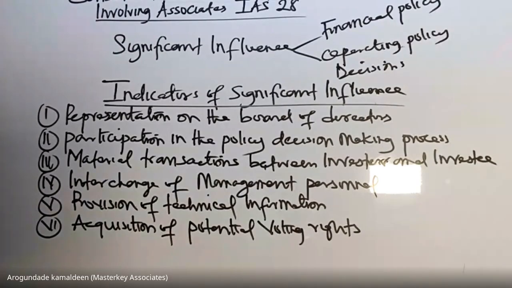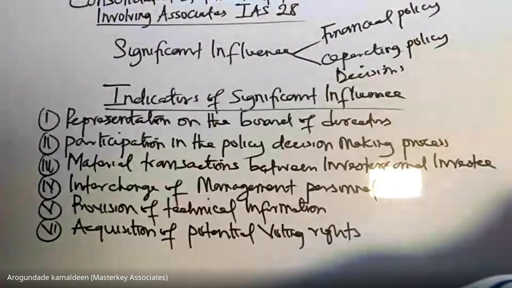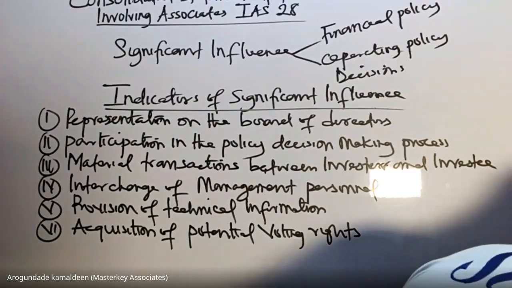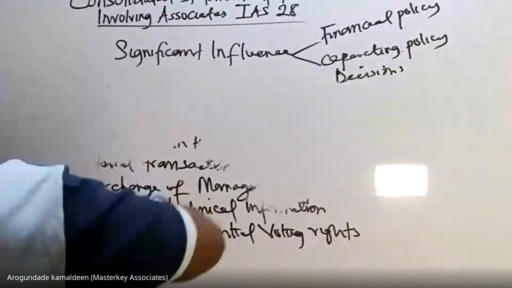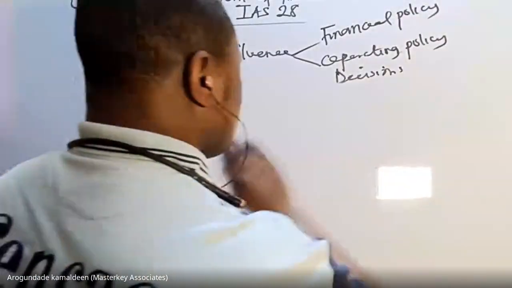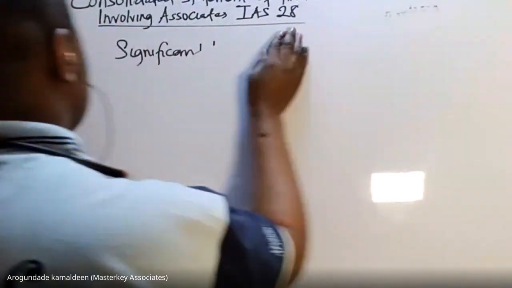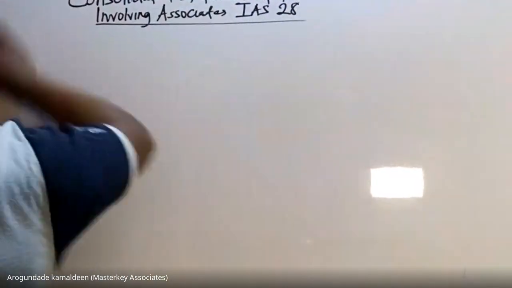So when you now have an investment in an associate, how do you account for it? What is the method of accounting you are supposed to use? This is very, very key. How do you account for the investment in associate? Because this is not the case of a subsidiary, where you do a full consolidation.